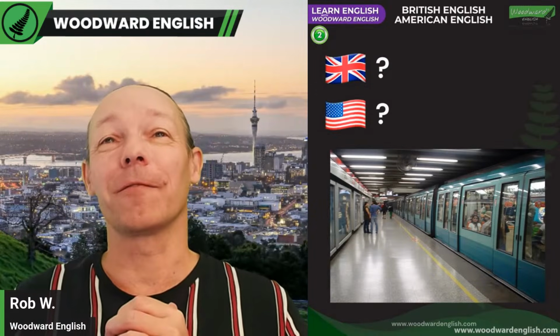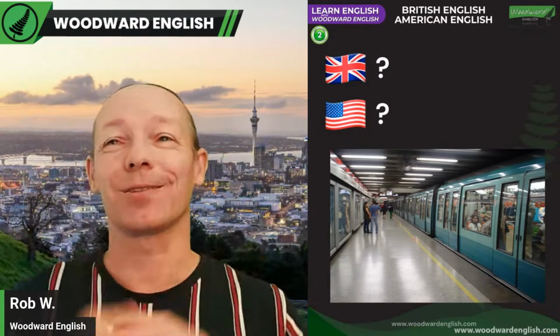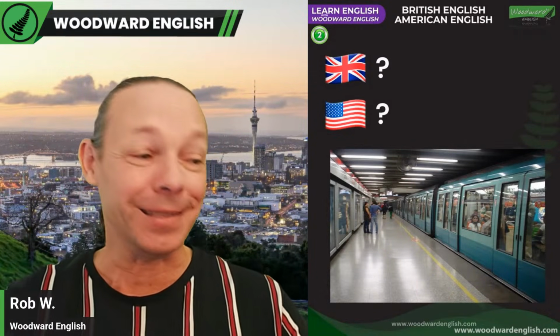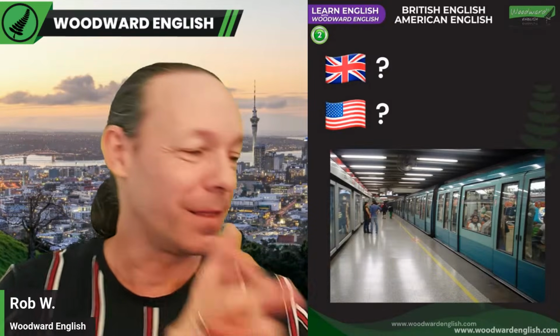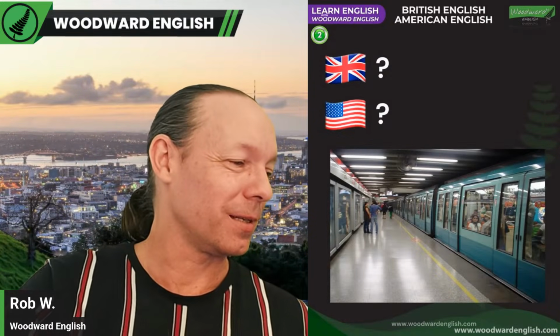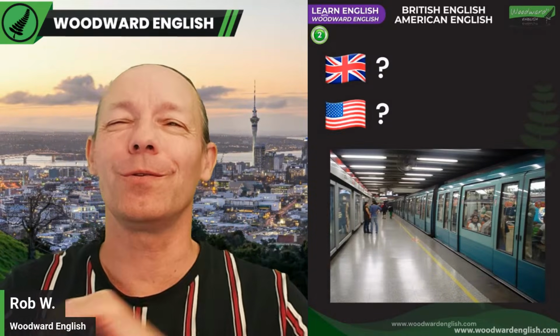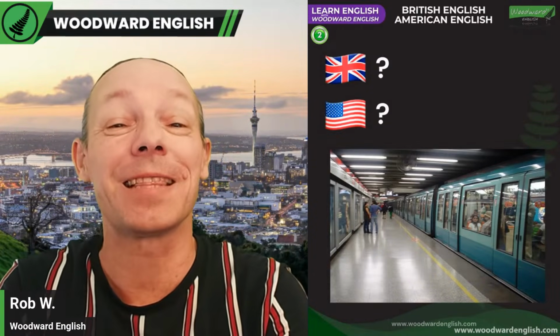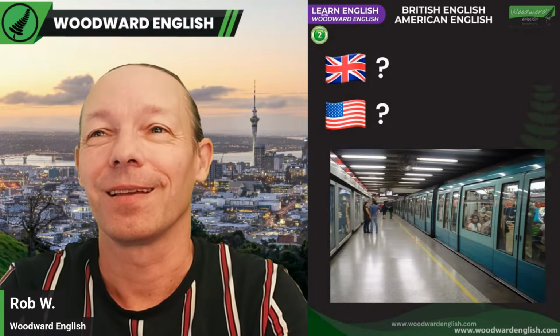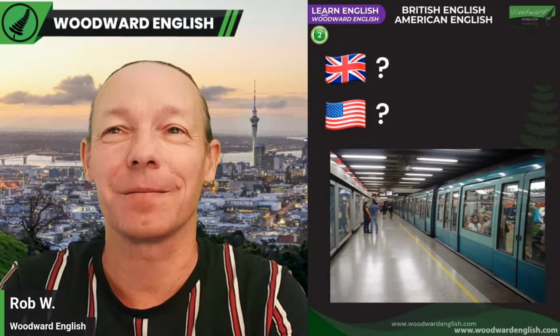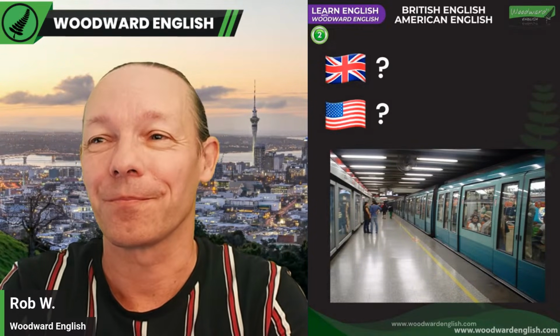It does appear above ground because sometimes it's on train tracks or something like this. This is a photo that I took a long time ago. This is from Santiago, Chile. This is the public transport system, a common form.